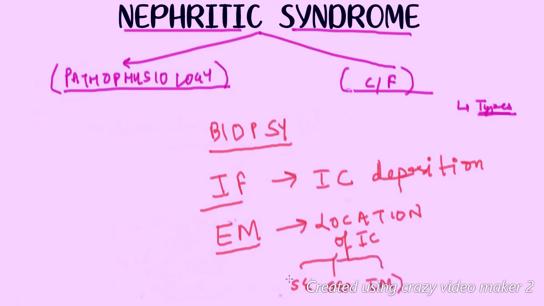So this is all about the diagnosis of nephritic syndrome. We'll start with biopsy, we'll go for immunofluorescence, and we will have the electron microscopy. So this is all about the pathophysiology, the clinical findings, and the diagnosis of the nephritic syndrome.